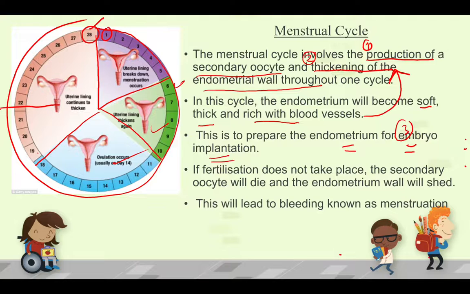This will lead to bleeding known as menstruation. Kalau dinding endometrium runtuh, ia akan menyebabkan pendarahan. Pendarahan ini dipanggil haid dan darah haid ni akan keluar melalui vagina.